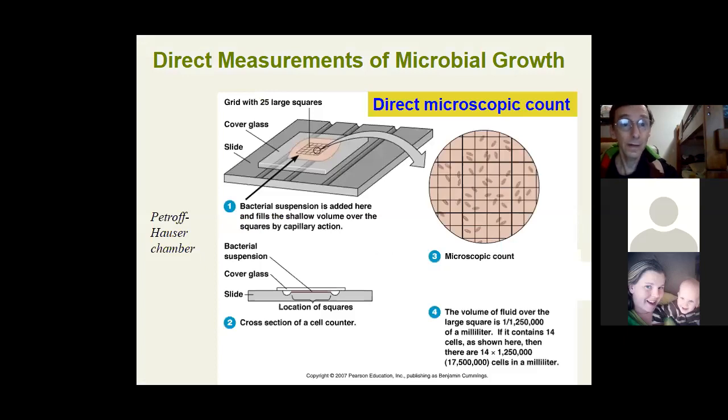When you're doing a direct microscopic count, you have a special slide, and it takes a special volume directly under the cover slip. And usually what it's set up is that this square here, whatever number of cells you see under this square, you then multiply this by 1 million, because this volume here under this square right there is 1/1,000,000th of a mil.